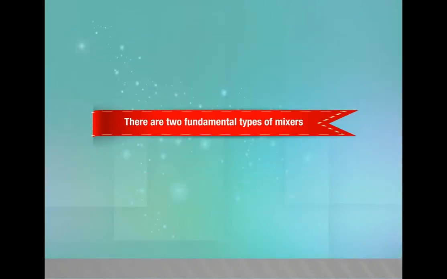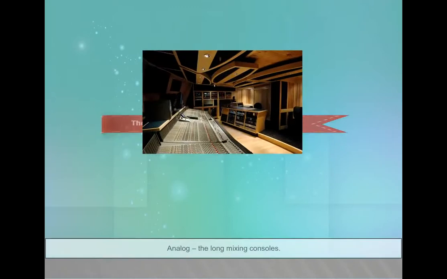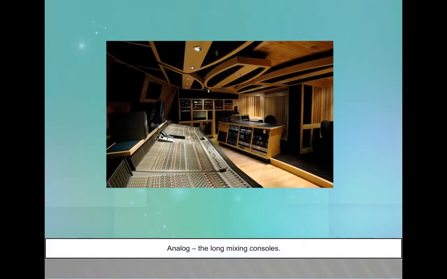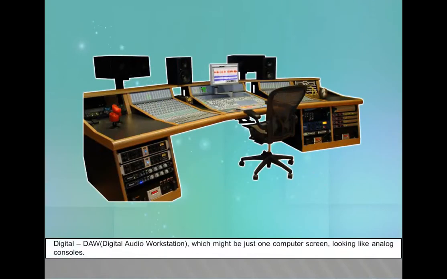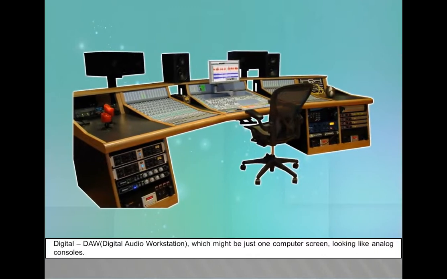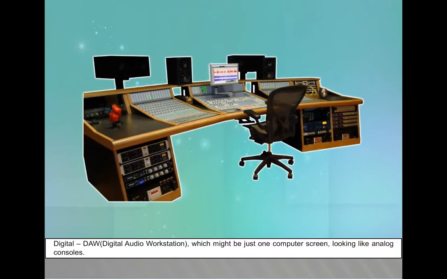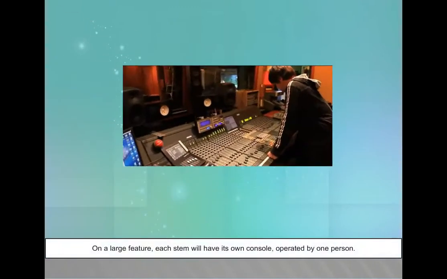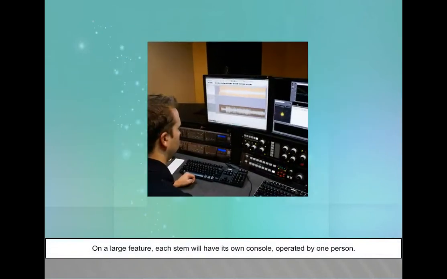There are two fundamental types of mixers. Analog, the long mixing consoles. Digital, DAW, that is, digital audio workstation, which might be just one computer screen looking like analog consoles. On a large feature, each stem will have its own console operated by one person.